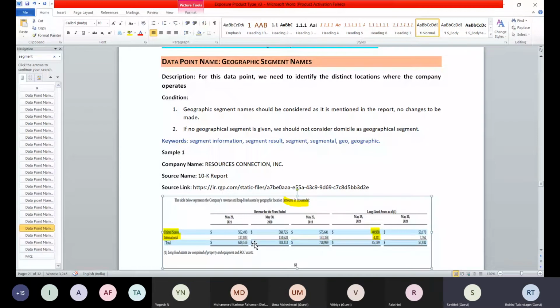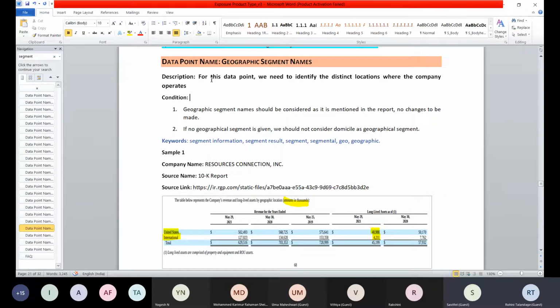Okay, now next, we will go for the geographical segment details. Here, as we said for the geographical segment names, for this data point we have to check in which areas this company is operating, or in which locations their business is operating.